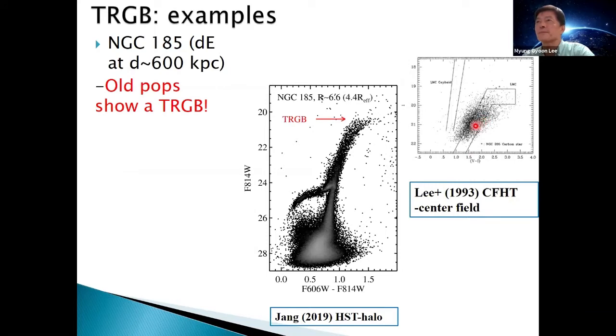So this was the best CMD at the time, but the old CM diagram covered only this part. So as of today, it's amazing to see how deep you can go with modern HST photometry.